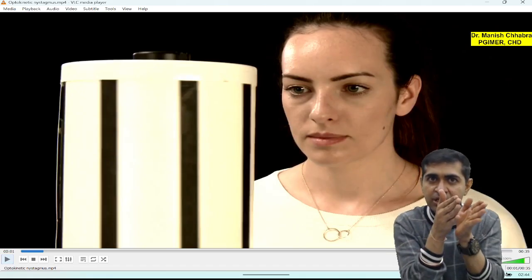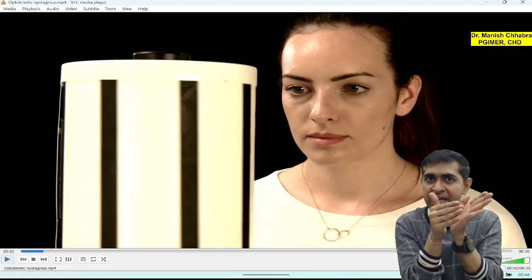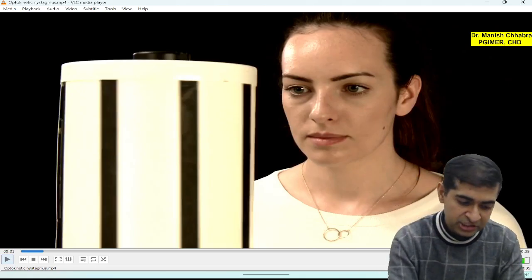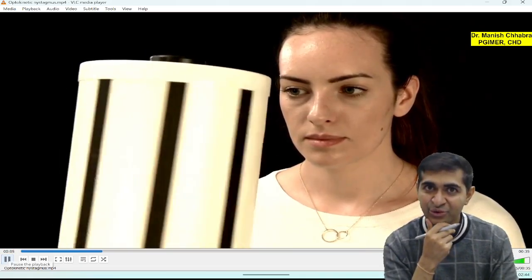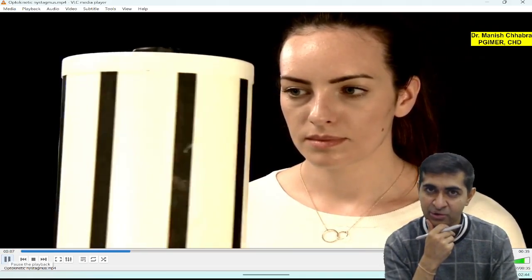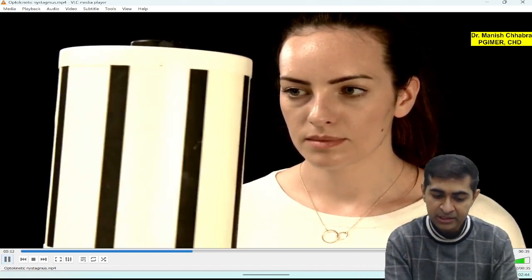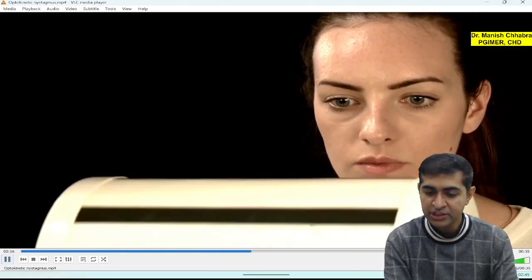So the movements will be pursuit, saccade, pursuit, saccade, pursuit, saccade. So this is also your physiological nystagmus. Check this out. Can you appreciate your physiological nystagmus? Okay, this is your horizontal nystagmus. If you rotate it like this, there will be vertical nystagmus. Can you appreciate?